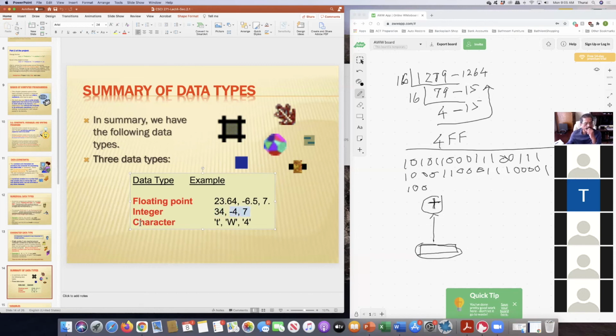The data is character type if it has quotes around it, like the T, uppercase W, 4 with the quotes around. These are all character type data. So three types of data we have learned. We'll be learning more data types later on. So these are key pieces of information. There are three types of data, and the names are floating point, integer, and character.